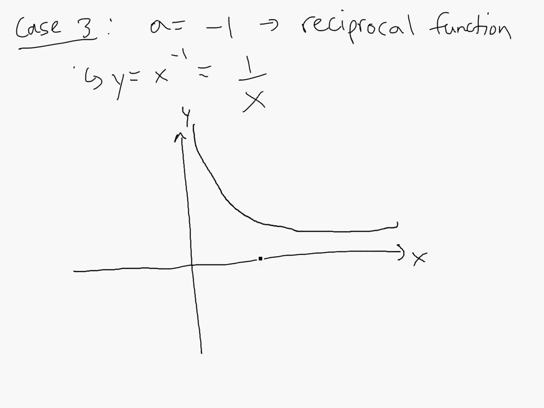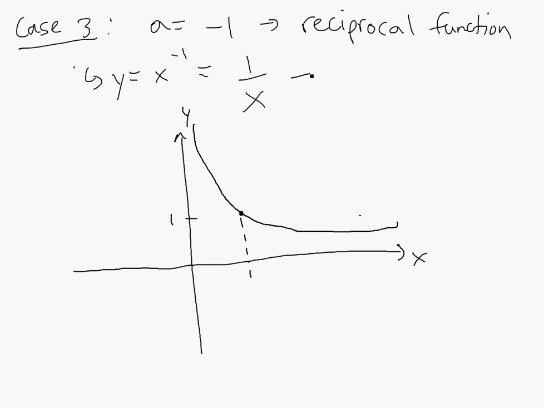When x is 1, you'll have 1 here. Then when x is infinity, it goes to 0, and when x goes to 0, it goes to infinity.